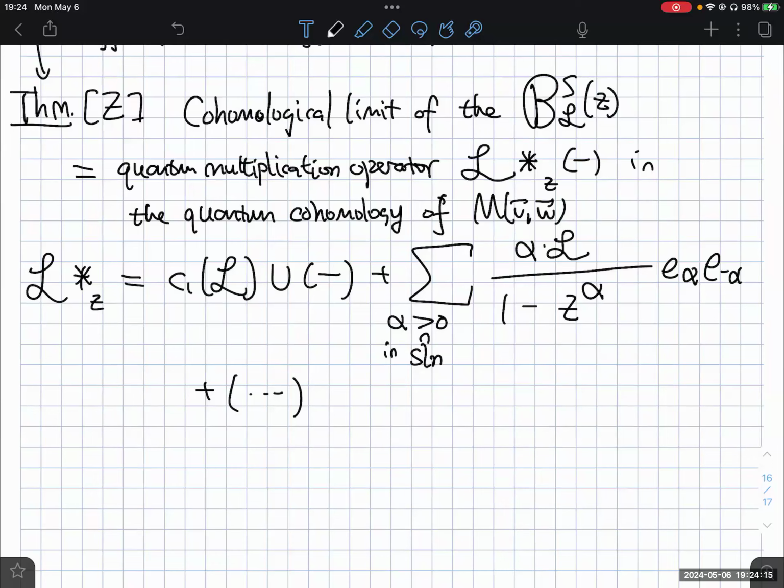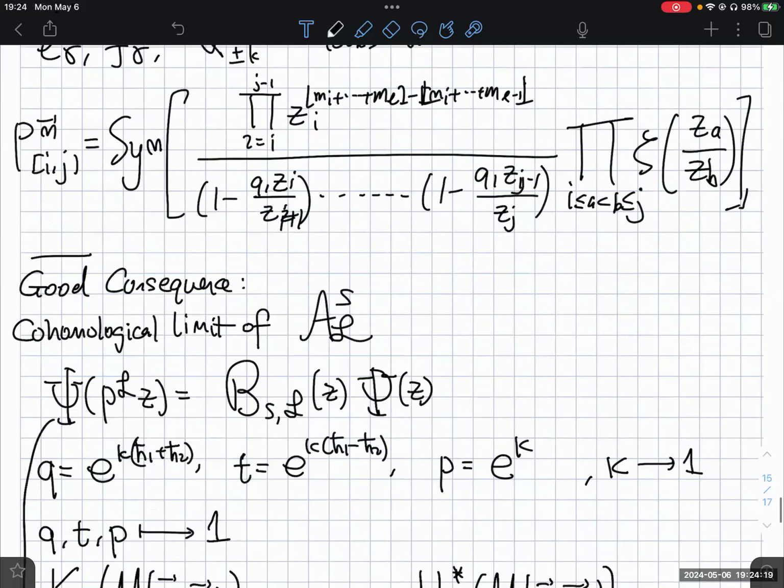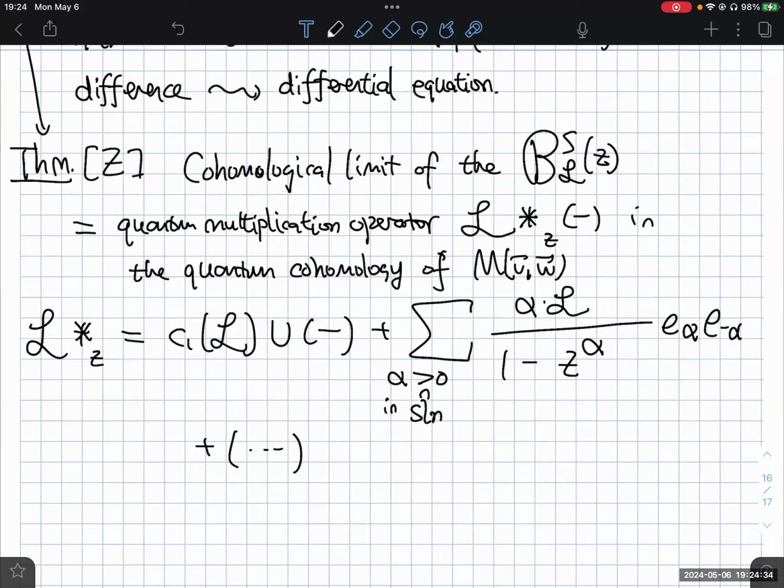So one of the good results of this reduction of the computation is that the cohomological limit of the quantum difference operator, or the quantum difference equation, is actually equivalent to the Dubrovin connection of the quiver varieties up to a scaling operator.